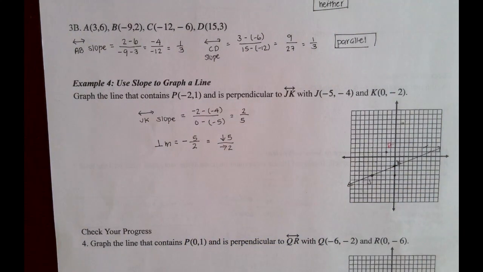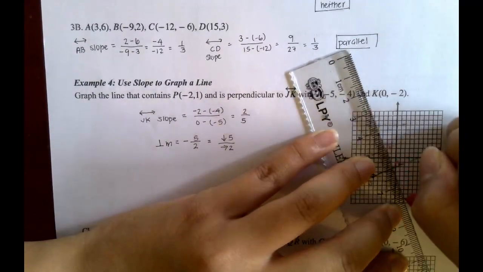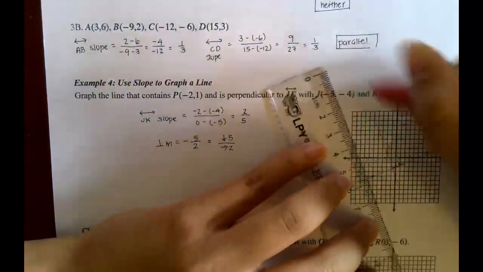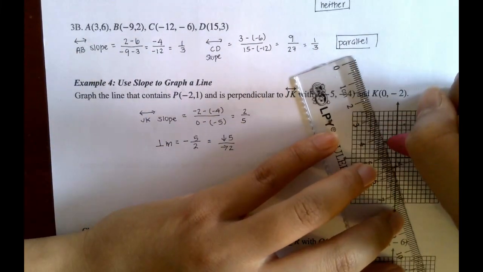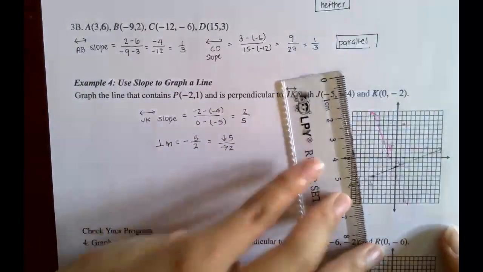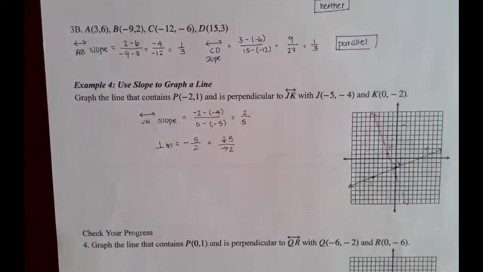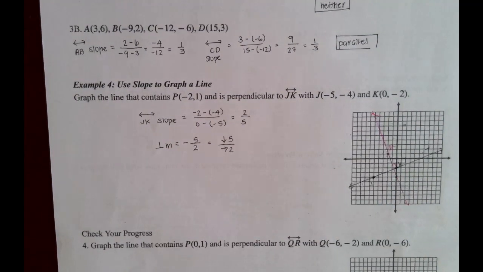Okay. And then I'm going to connect them. And there you go. It is perpendicular. Right? And then in our next lesson, we're going to learn how to write the equations for this.